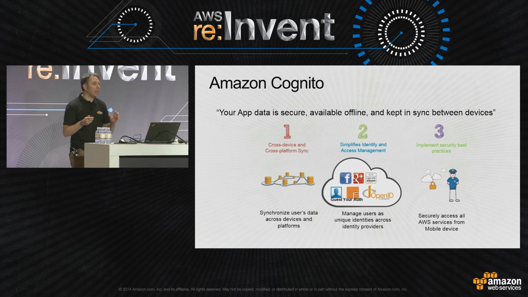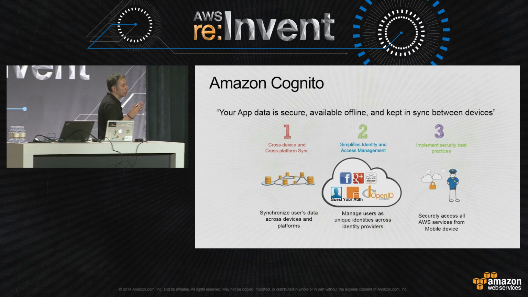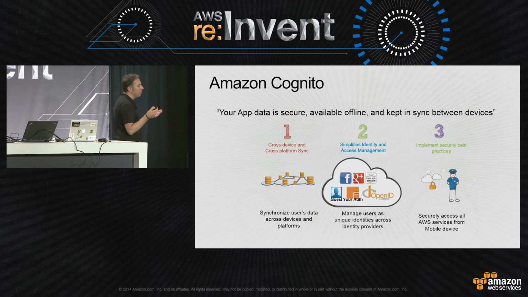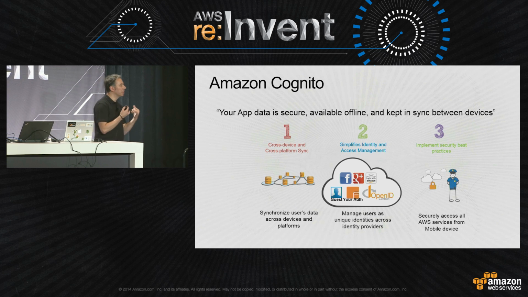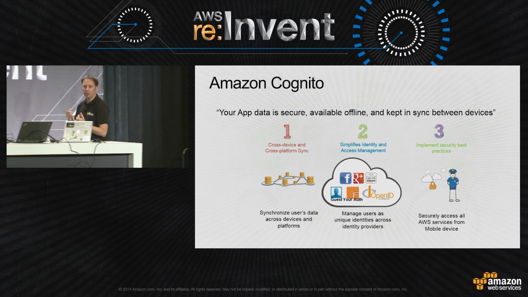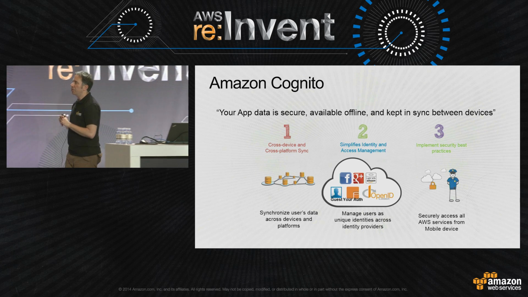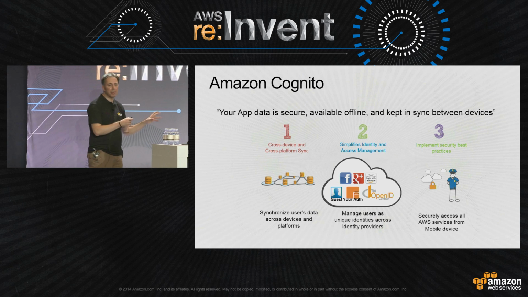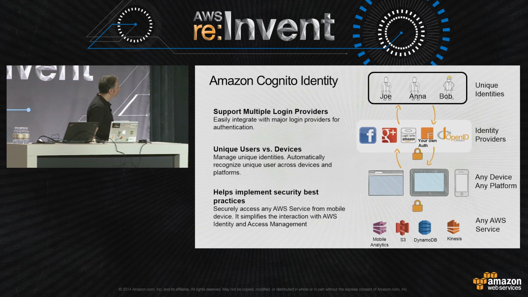And it will automatically allow you to implement security best practices. We usually say never put AWS credentials inside a device or an application, because they can be stolen. Using Cognito, all of our security best practices will be automatically implemented. So it makes life easier on this side too.